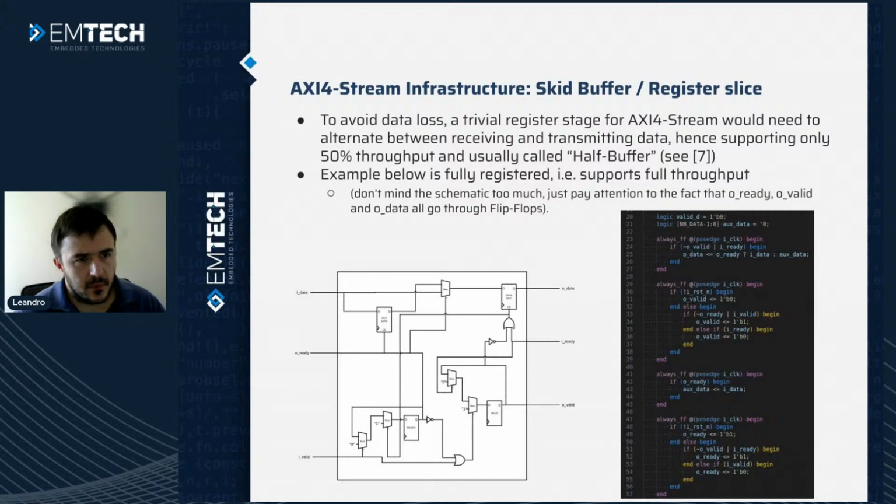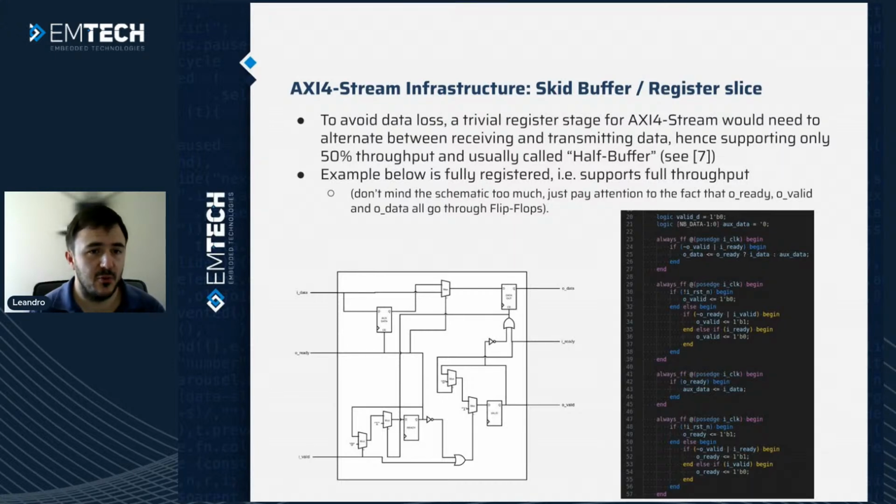First of all, it becomes trivial when you try to do it, that if you build a rather trivial register stage for AXI stream, and you want to avoid losing data, which is why I told you about before, what you have to do is alternate between receiving data from upstream and transmitting it downstream.